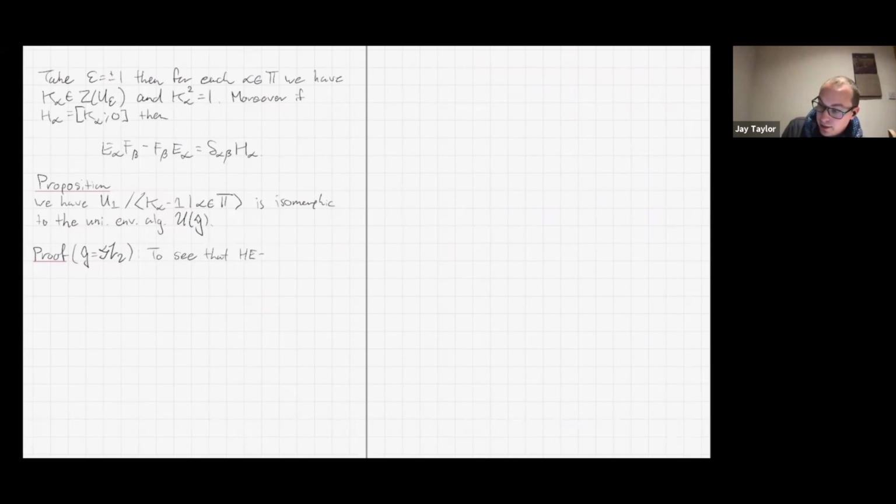So just write H, E, and F. To see that this relation holds, we can apply the following formulae, which are not difficult to deduce. So actually, these hold in the generic algebra.